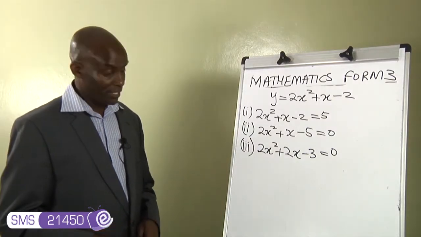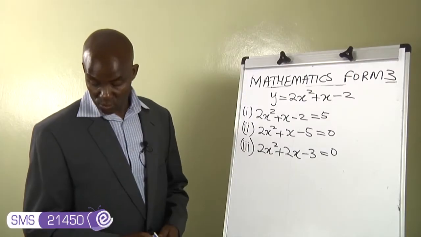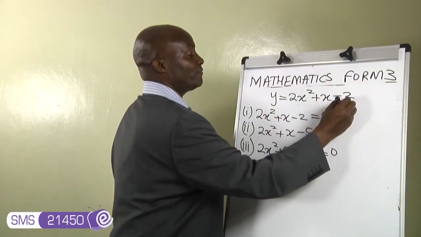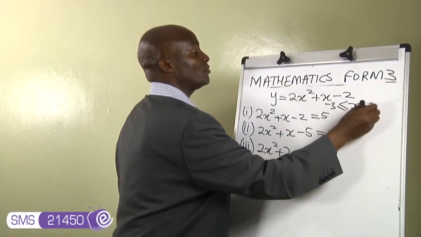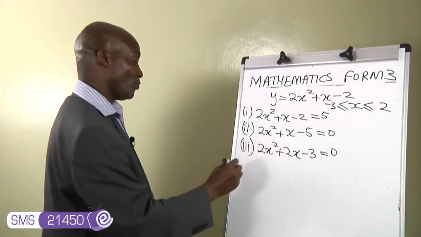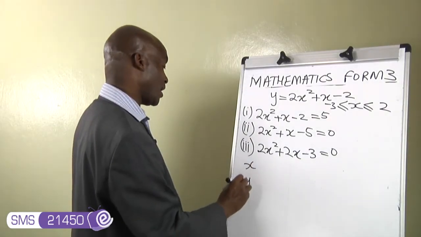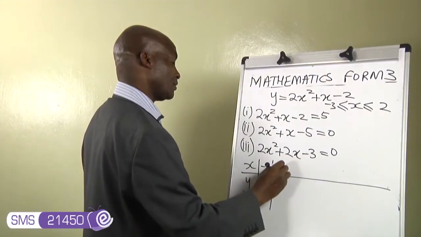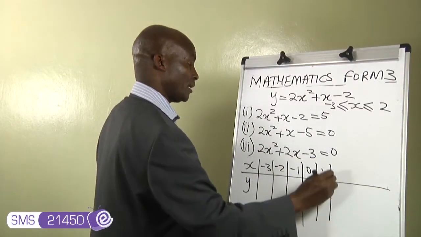Now, the first thing to do is to draw the table of values, and we are going to plot for values of x from -3 to 2. So we do the table of values, x and y: -3, -2, -1, 0, 1, and 2.